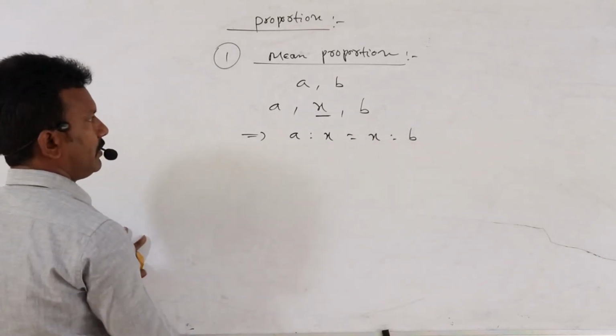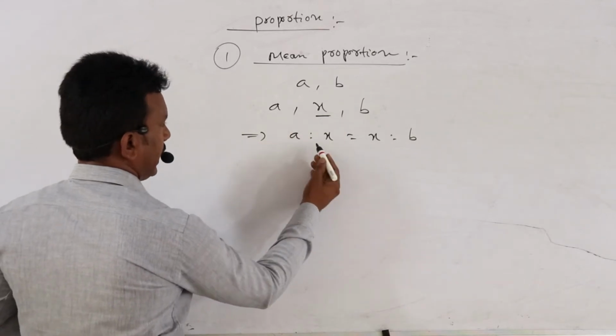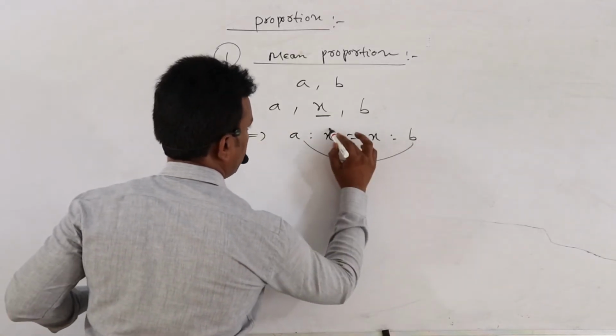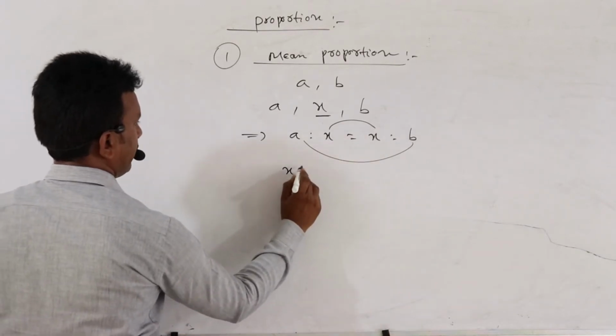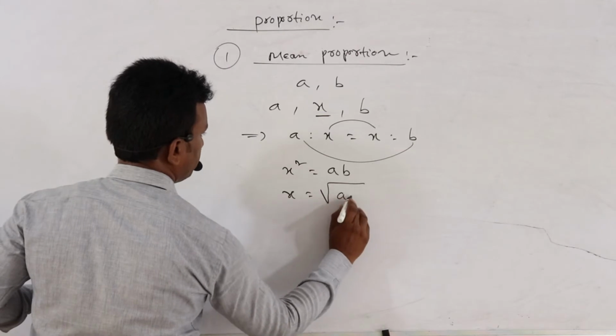So we write the three numbers in the proportionality condition. Product of extremes equals product of means, so X squared equals AB, and X equals root AB.